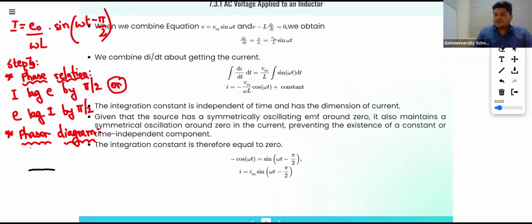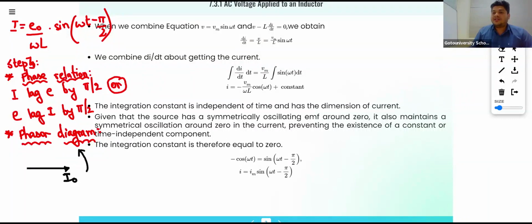If this is current, always remember current will be here only. This is the fixed position of current everywhere. The vector length will represent the maximum current, the peak value, so I will represent it by I naught. Current lags, and we are always moving in the anti-clockwise direction.